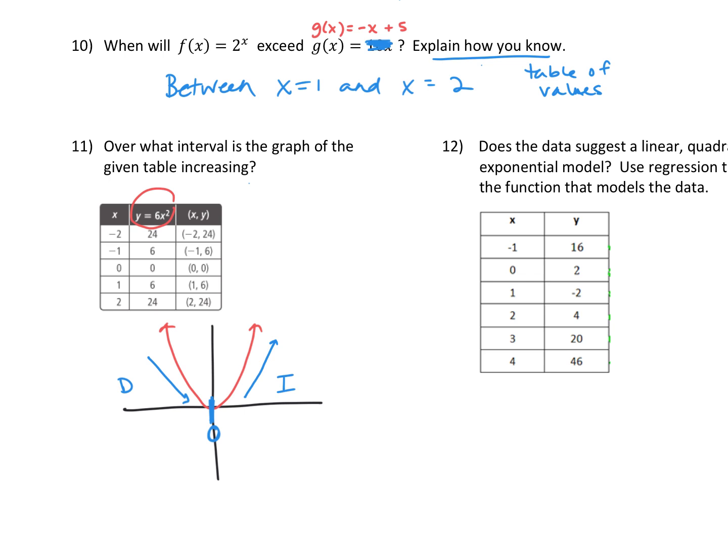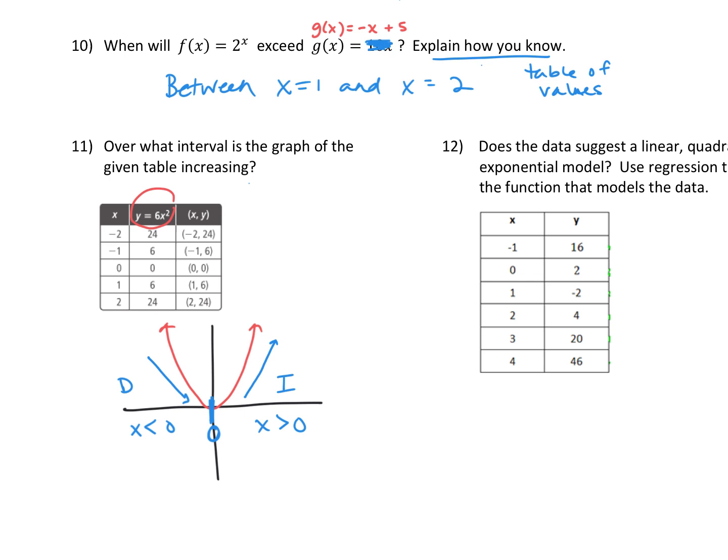So on the left side of our turning point, this whole side over here, our function is decreasing this whole time. So that side is where all the x's are less than 0. Over here, after we have our turning point and after 0, on this side, we're going to be increasing the whole time. So on this side, all of our x's are greater than 0.